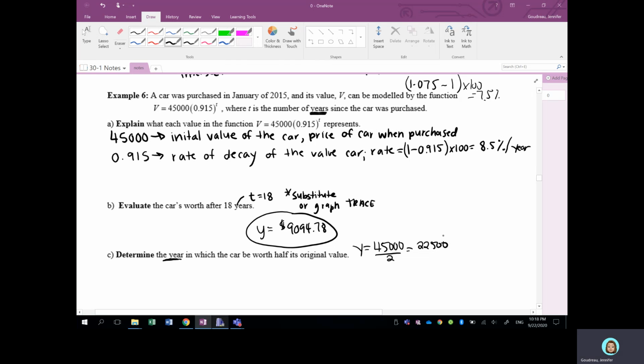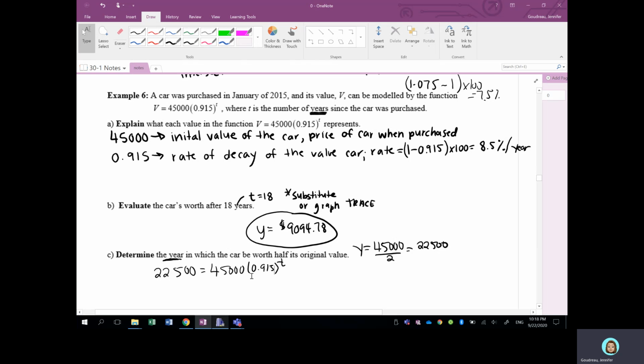There's our given y value. We need to find our x value. So here's what we have as an equation. And again, because we have kind of a weird base, we are not going to solve that algebraically. We're going to solve it graphically.